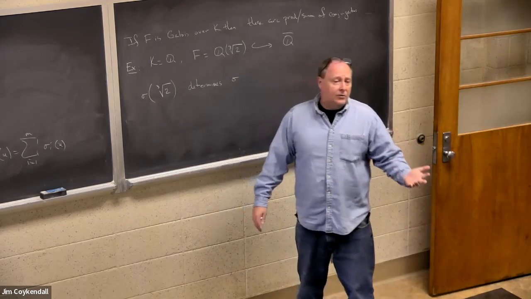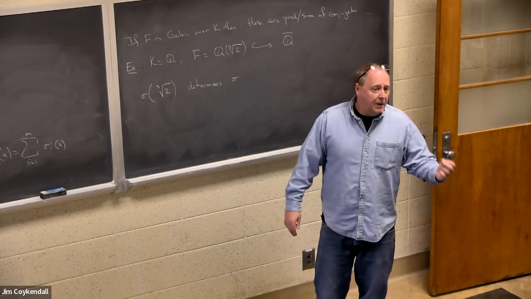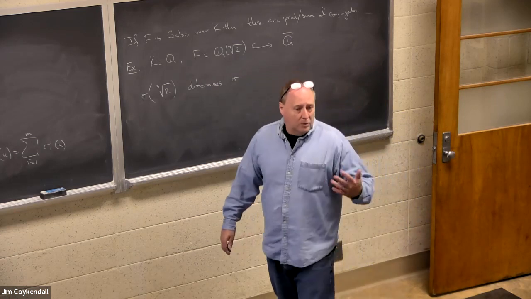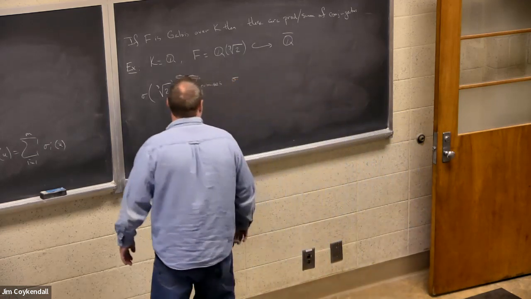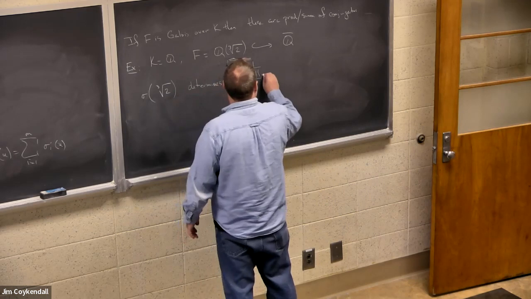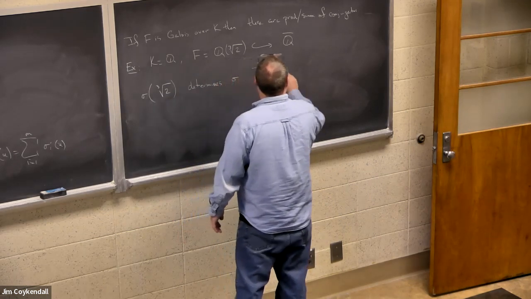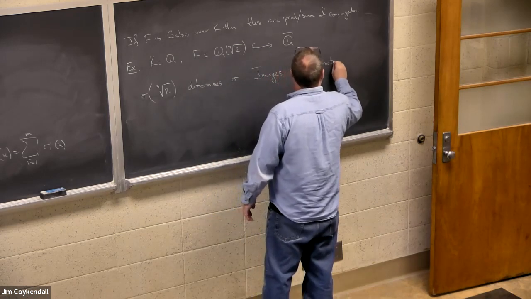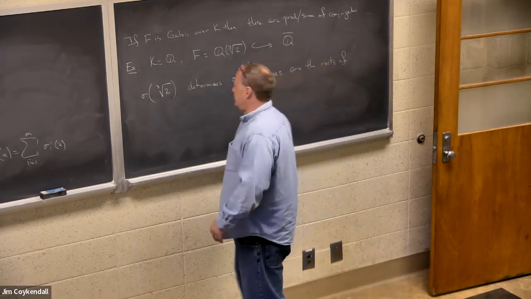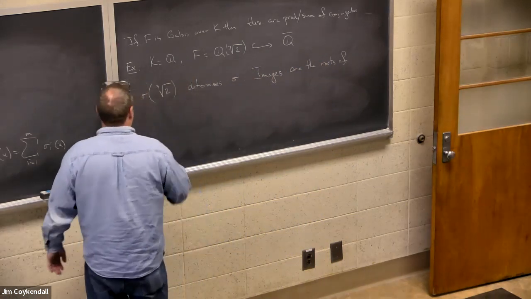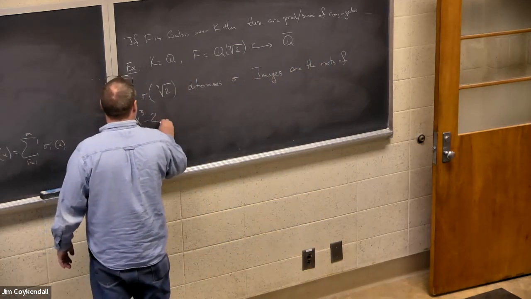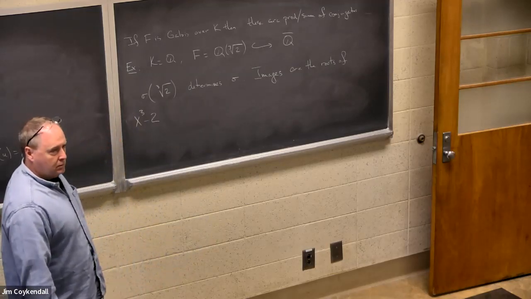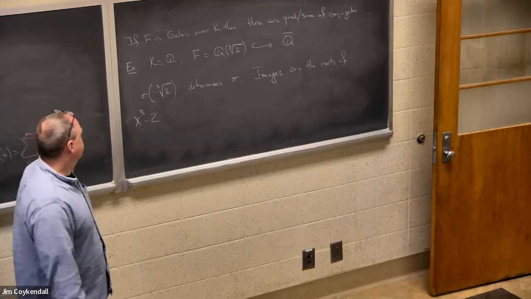So now all you've got to ask yourself is this: hey, self, how many places can the cube root of 2 go? Well, it can only go to the other conjugate roots of x cubed minus 2, so the images are the roots of that polynomial.